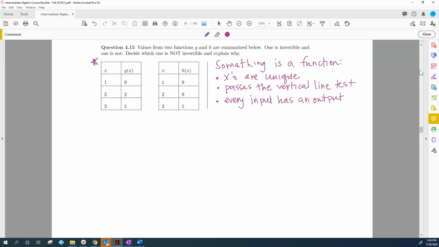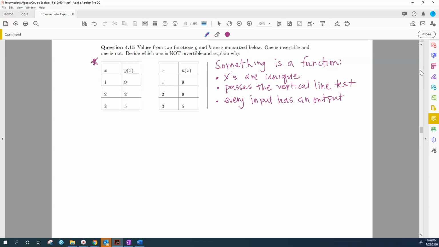Okay, so does it follow these things? Are the x's unique? Yeah. None of the x's are repeated. Does it pass the vertical line test? Well, we can't really tell because it's not a graph of it, so we'll skip over that one. But every input has an output, right? So yeah, that one is a function.